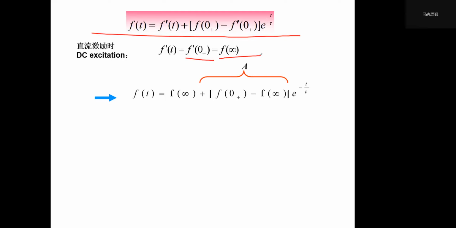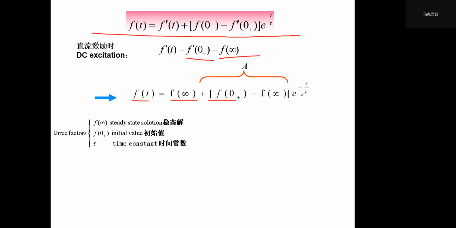So it looks like this: f(t) equals f(infinity) plus f(0+) minus f(infinity) times the exponential. So we only need to know the value of f(infinity) and f(0+). f(infinity) is the steady state solution, f(0+) is the initial value, and tau is the time constant.